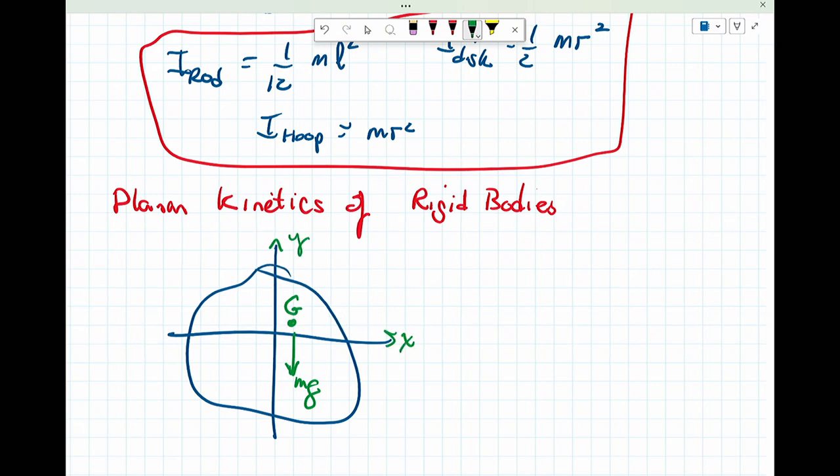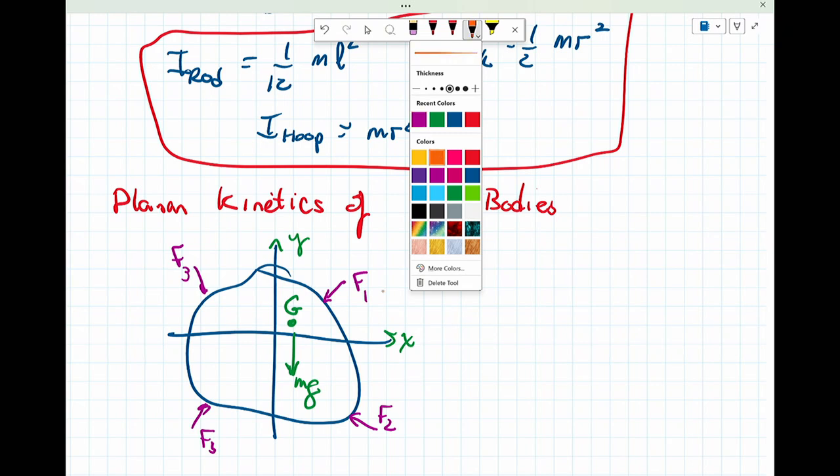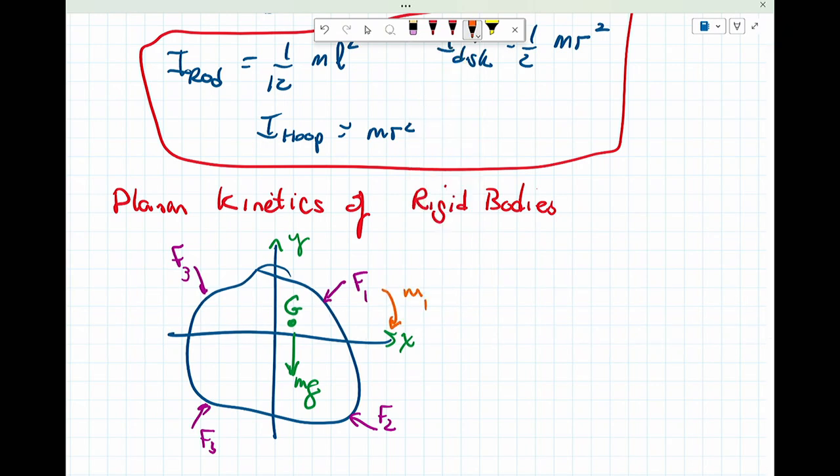I'll define a coordinate system, and at the same time, I'll put a whole bunch of forces acting on it, which is what you were used to when you dealt with particles. You had forces applied to things because forces can push or affect a mass. But in addition, and differently, you're going to start to see moments.